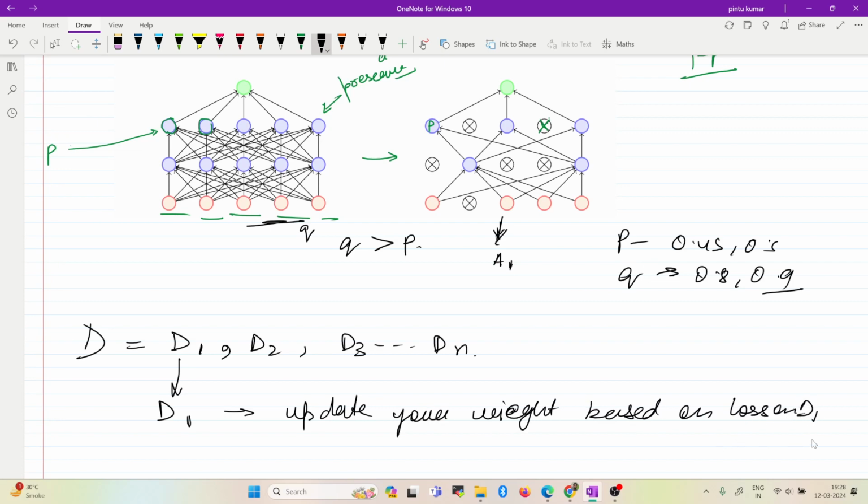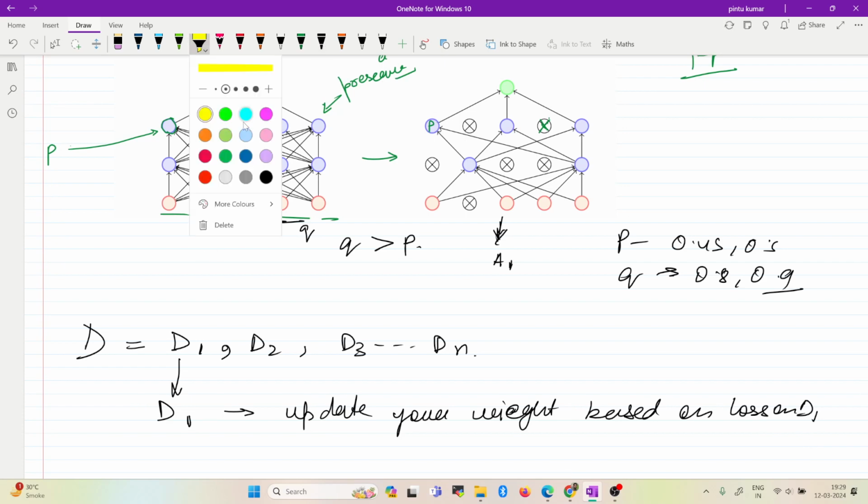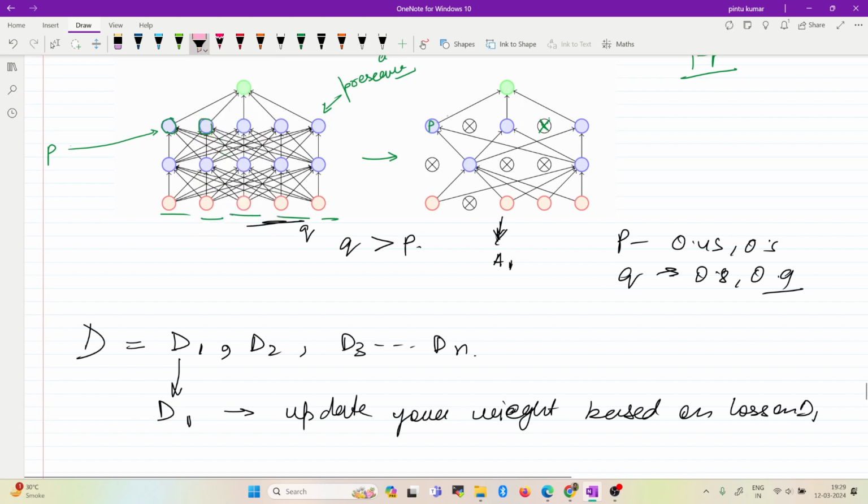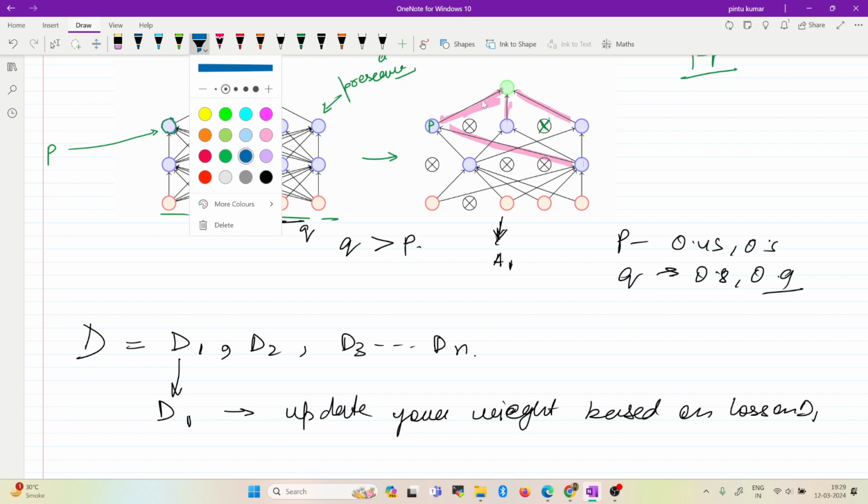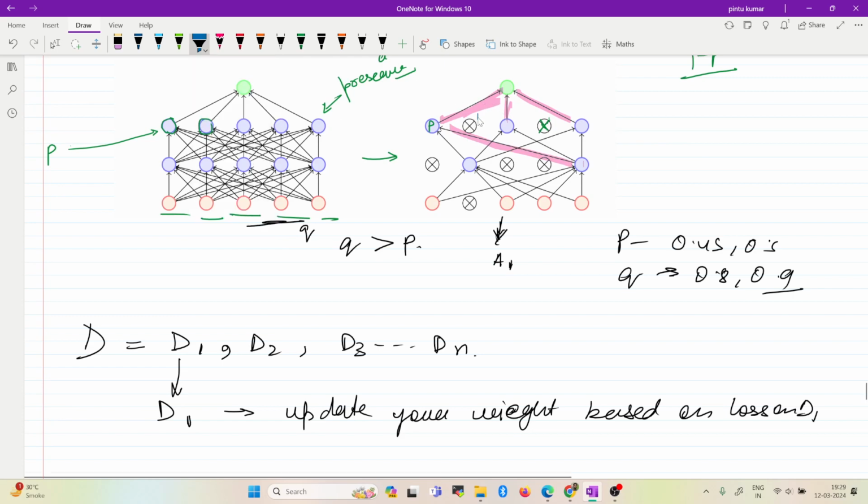Whatever loss you observe on D1, based on that you update your weights. But you should remember the weights that get updated are the weights that are left in the network. So this weight will get updated, this weight will get updated, and whatever lines you can see will get updated, but the ones I'm drawing in blue won't get updated. So this blue connection to this output won't get updated. Similarly, the connection between this and this won't get updated. So this is one round that you will do.